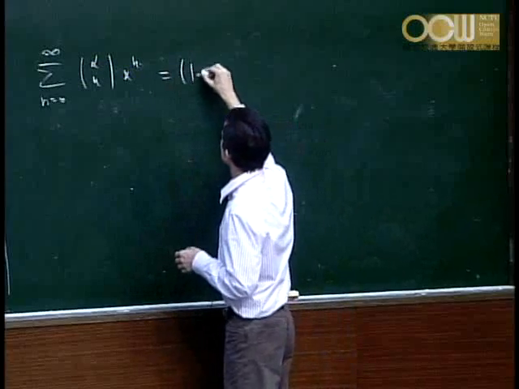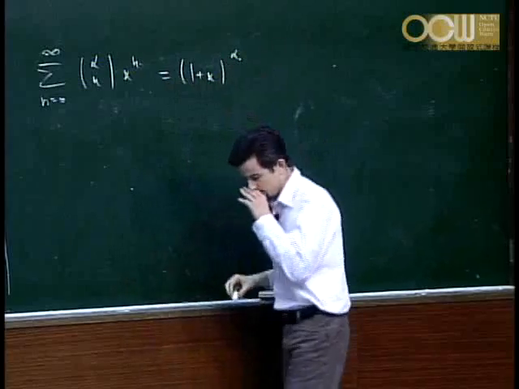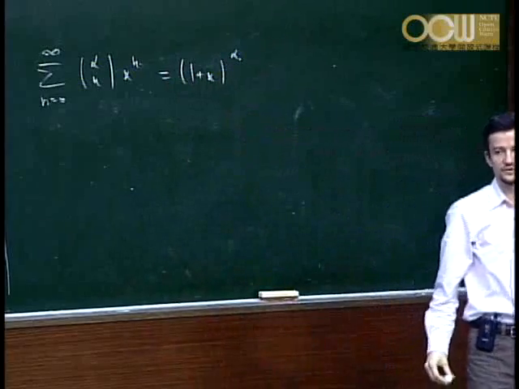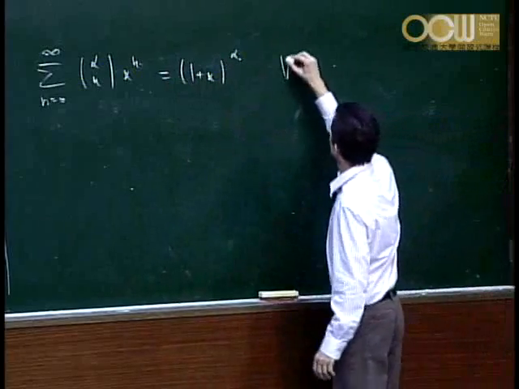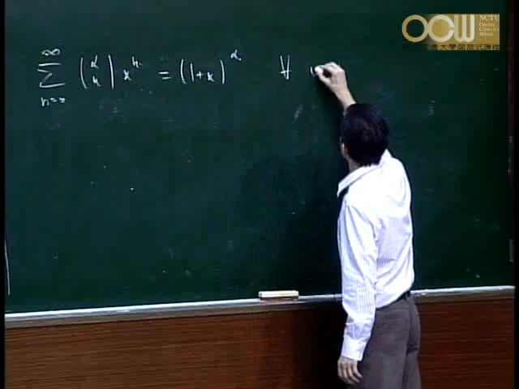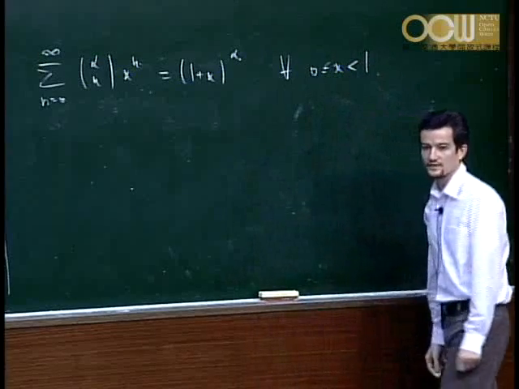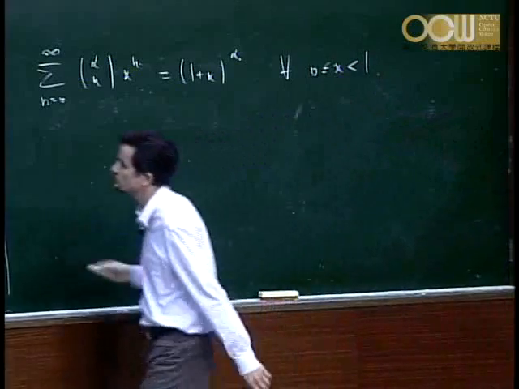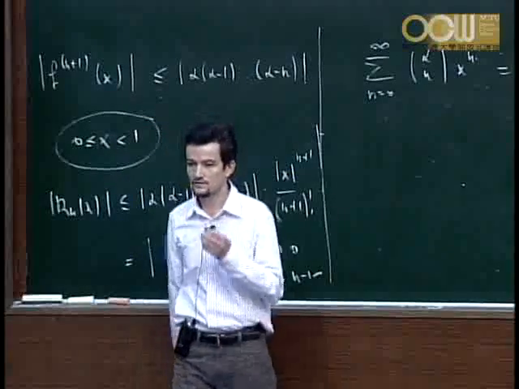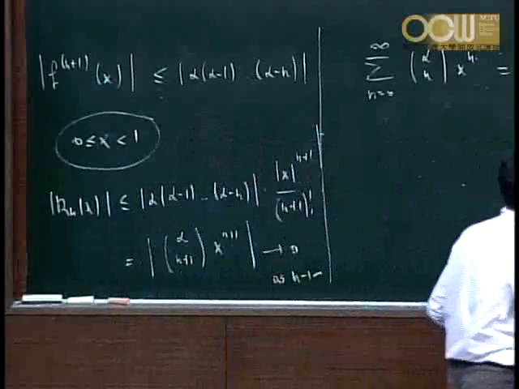So this means that using Taylor's inequality for this range, we have proved that the Maclaurin series represents the function for all x between 0 and 1. For this range, the proof, because of this, goes through. But if x is negative, not so easy.